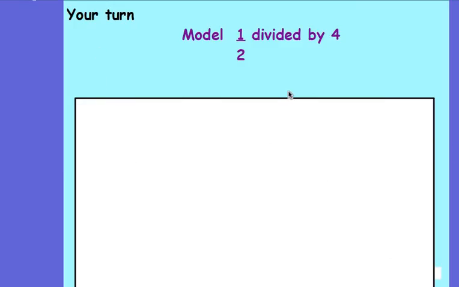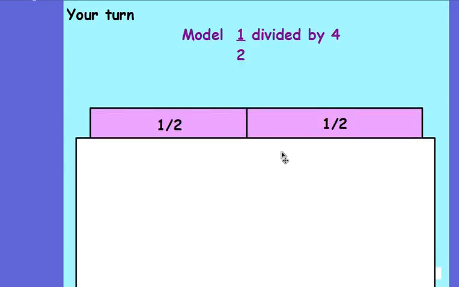Okay, can you now, in your light blue books, model 1/2 divided by 4 for me? Pause the video for a few minutes, have a little think. Okay, let's have a think together.